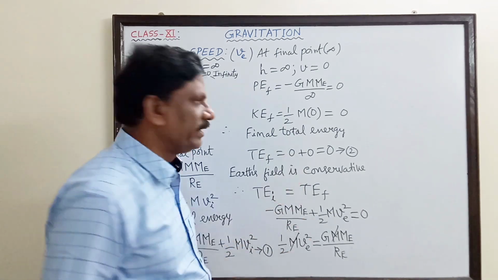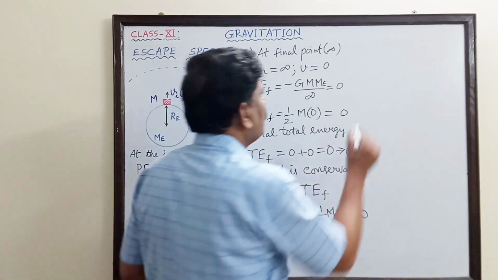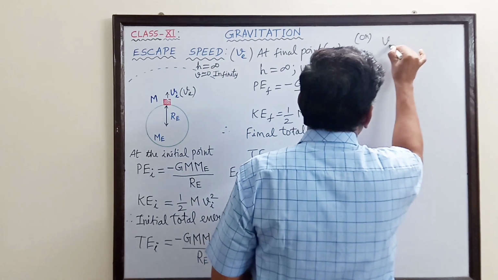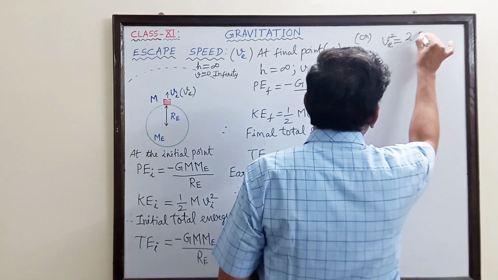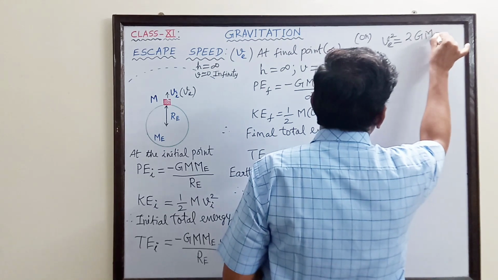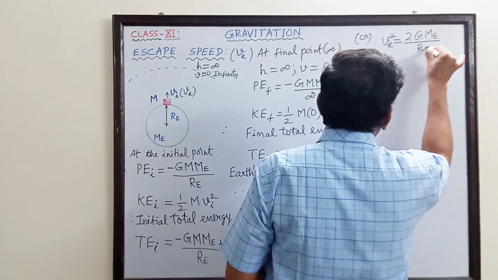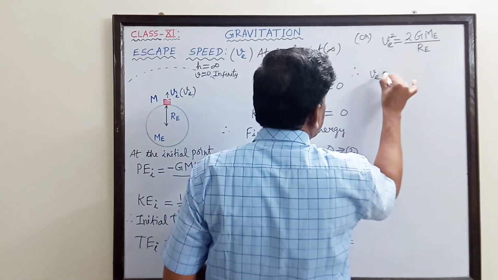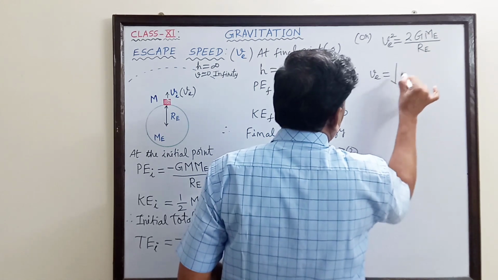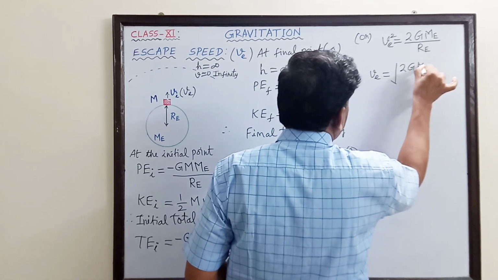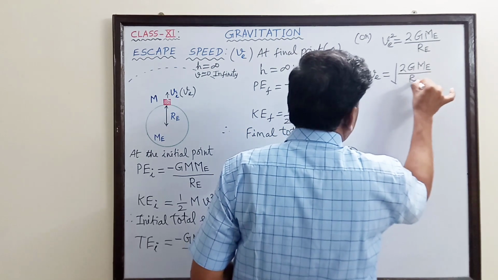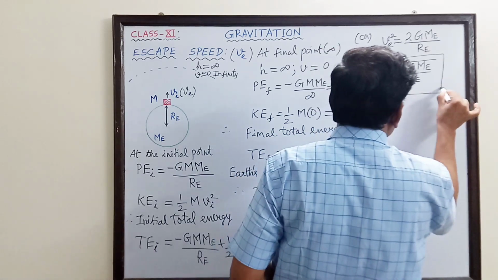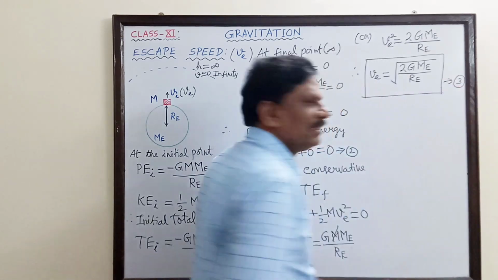Taking this 2 to the right side, VE square is equal to 2 G ME by RE. Therefore, taking square root on both sides, V escape is equal to square root of 2G ME by RE. So this is the final expression for the escape speed, and this is equation 3.